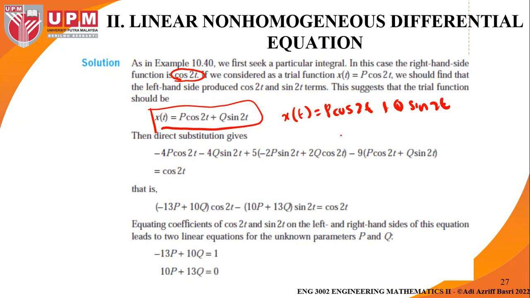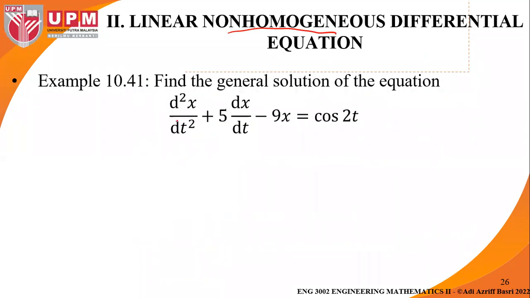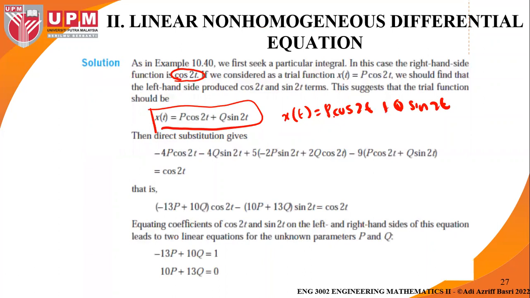So when we substitute this one into your main general equation, the answer is the double differentiation, plus 5 dx over dt, minus 9x. So you differentiate this one 2 times and you will get this one. This one is dx over dt after differentiating, for the general x(t).